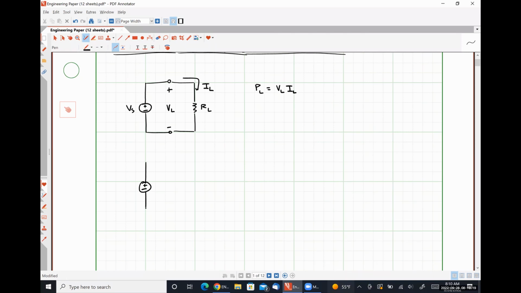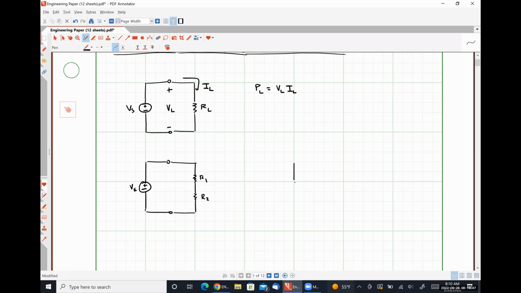Now let's consider two circuits. This one over here on the left contains a resistor R1. This one here contains a resistor R1 in series with a resistor R2.